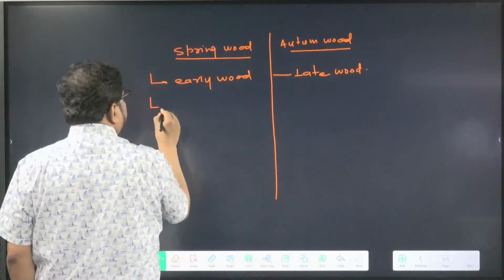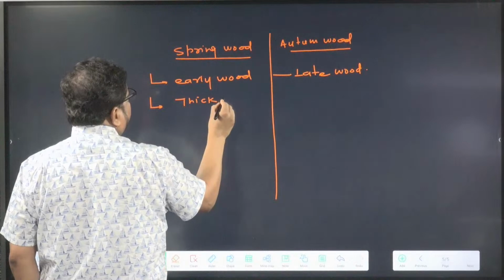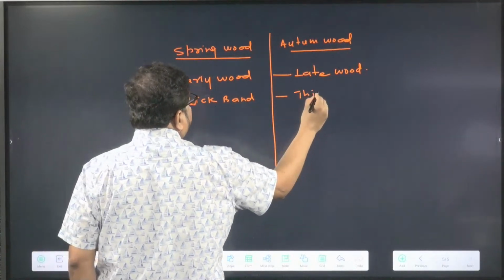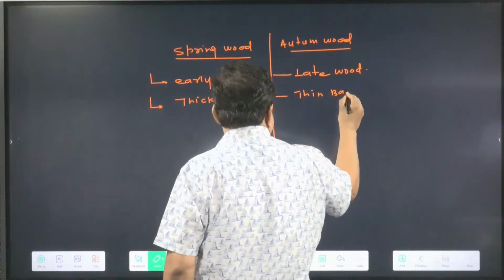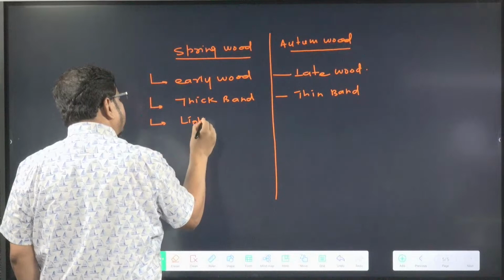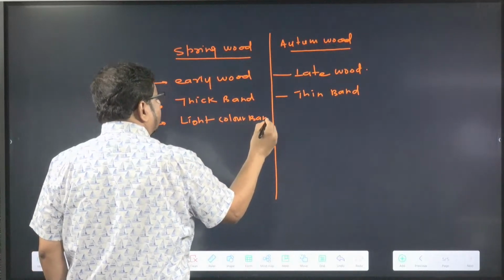It is a thick band. It is a thin band. It is a light color band or ring.